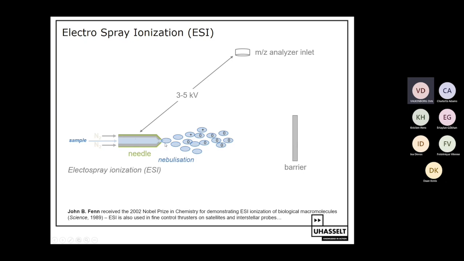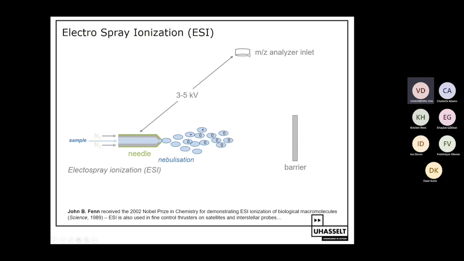So we spray, and this might be a little bit counterintuitive. We spray our analytes that we want to measure in the spectrometer. We don't spray them directly into the inlet of the mass analyzer, but we spray them orthogonally, which is weird, because why would we do something like that? We want these analytes to go into the mass spectrometer.